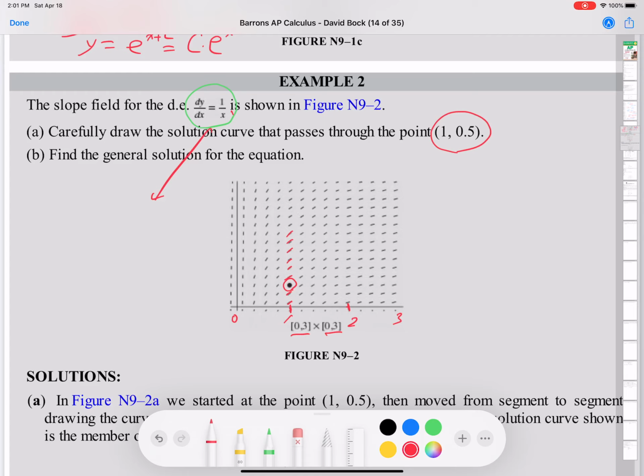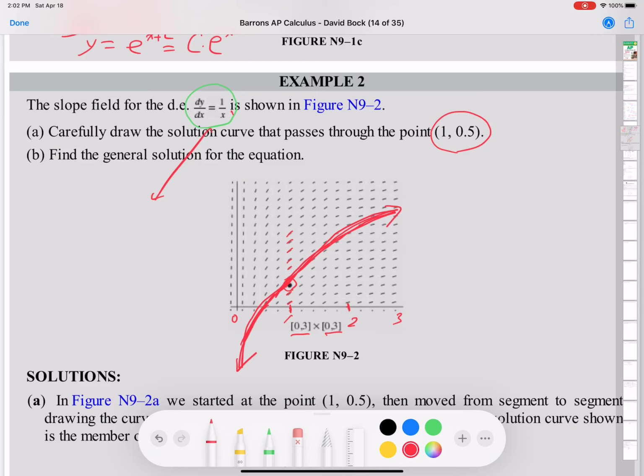Pass through that point and then keep following those tiny tangent lines. It looks like this. Pass this point and then go. Looks like that, right? Okay, it's not perfect, it's literally ugly, but anyway, it looks like that.